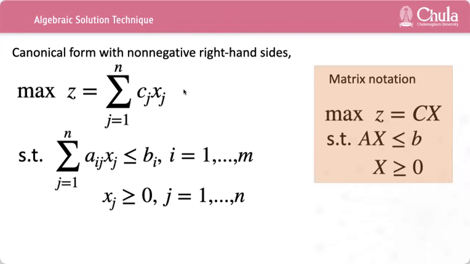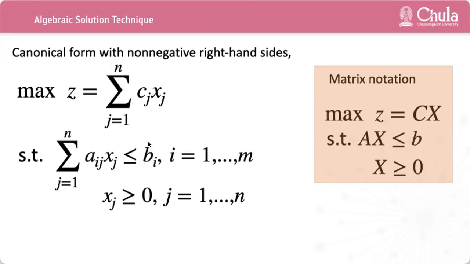So, before we can solve that one, we have to introduce the standard form of linear programming. Okay, we have canonical form with non-negative right-hand side. Only some problems can be transformed to canonical form, right?